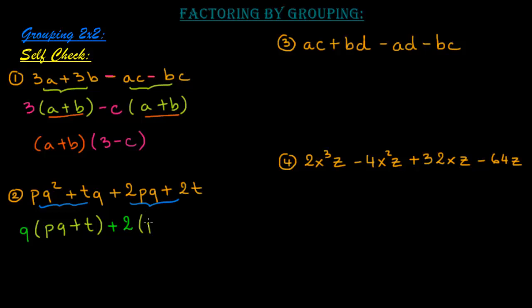So we have pq plus t. As we said, the binomial always stays exactly the same. We're going to factor it out, so we will have pq plus t times q plus 2.